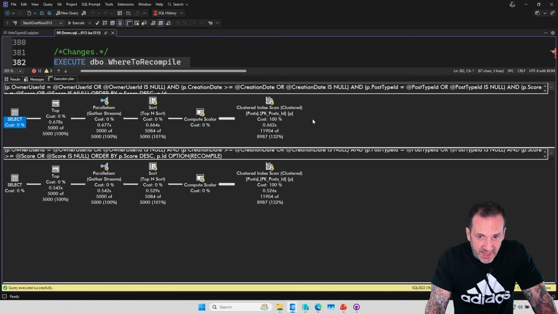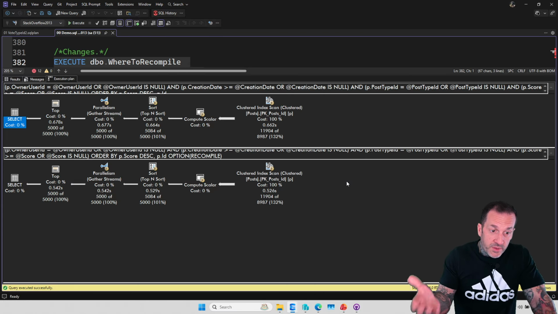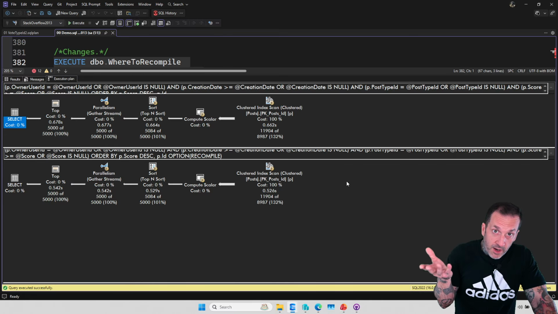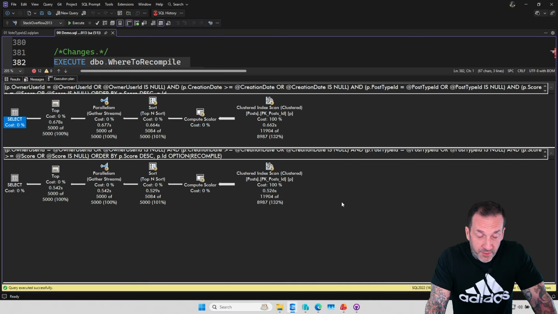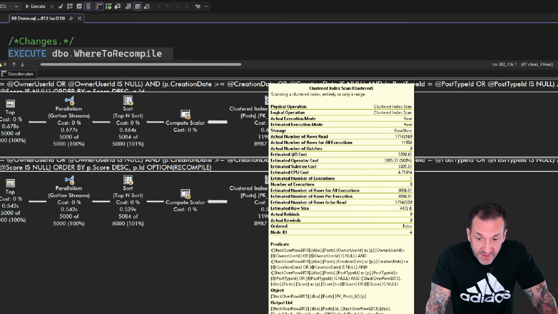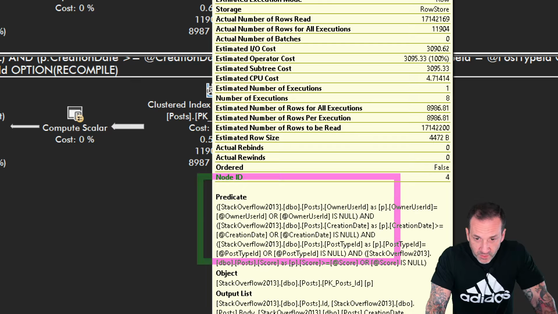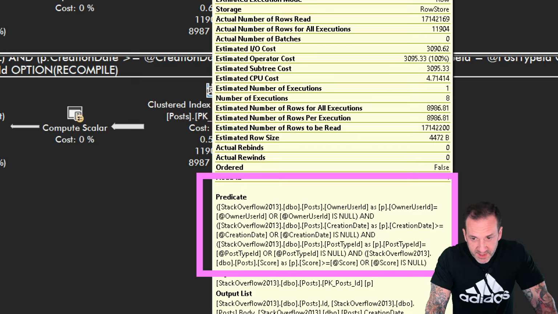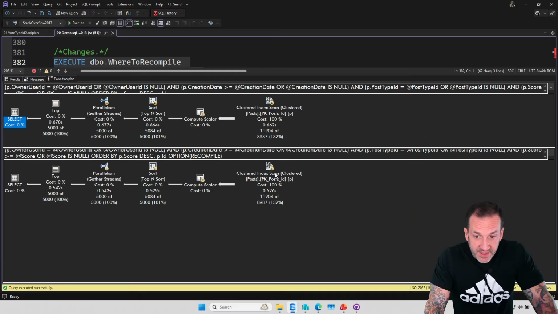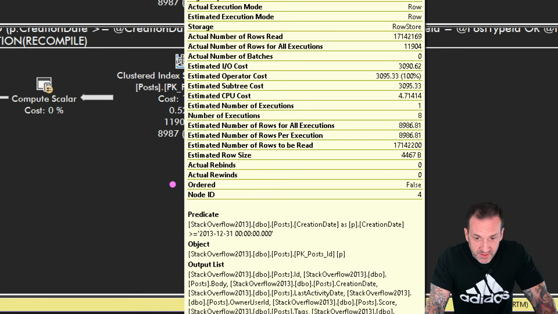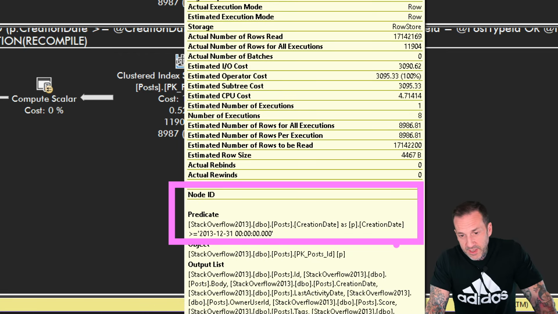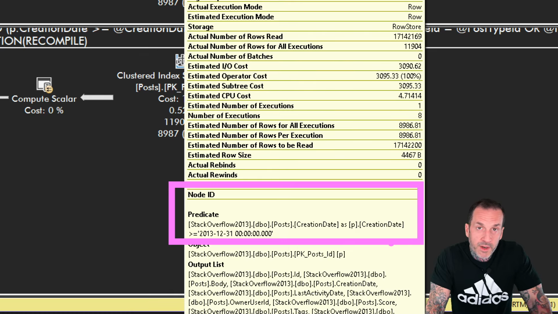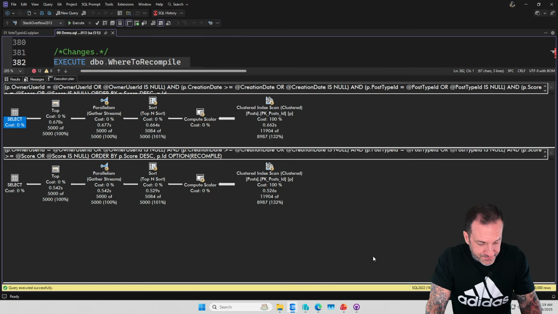So what happens is, when we use a different parameter, SQL Server does not reuse the plan from before. SQL Server gives us a new plan for both of the queries in there. But on this one, we still have this whole big predicate. SQL Server tries to figure out all of the nullness or not nullness of all of these parameters. And in the second one, SQL Server simplifies it to one predicate that just says greater than or equal to 2013-12-31 00:00:00.